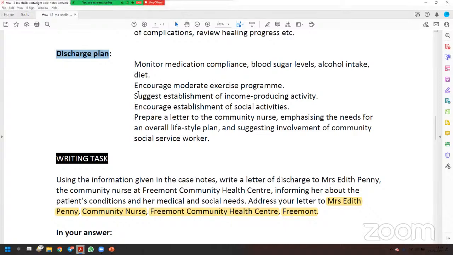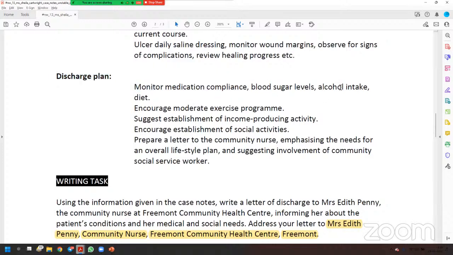So you see: monitor medication compliance, blood sugar level, alcohol intake, dietary regimen, encourage establishment of social activities, an overall lifestyle plan, involvement of a community social worker. All these things are after discharge, so this you can write in the last paragraph, because you are writing this letter to the community health center. You're writing to the community nurse. So this is post-discharge, what they have to do.